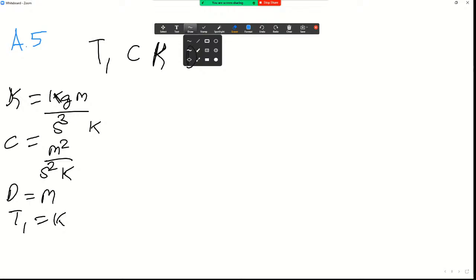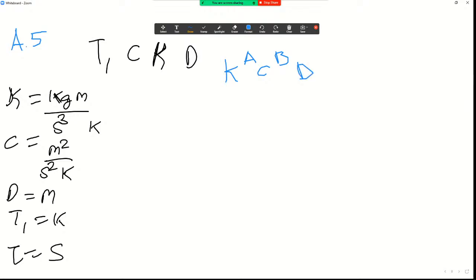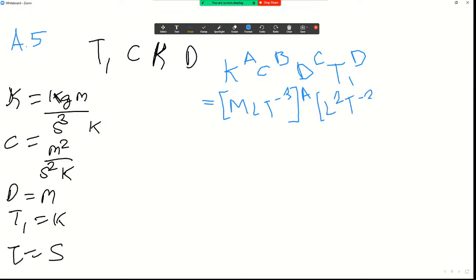And we have to find the characteristic time, that is second. Yeah, so tau equals to second. So then, alright, we have temperature.